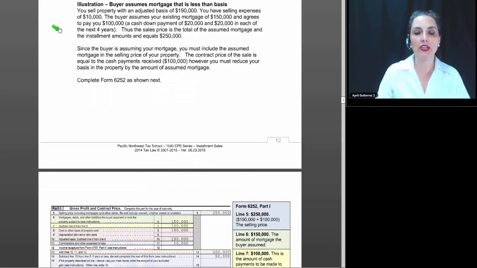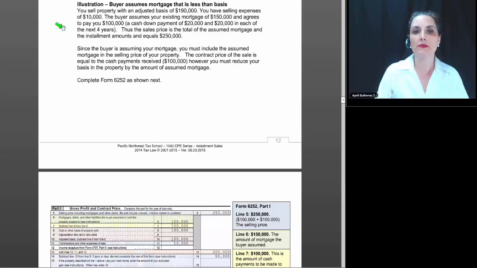And here we have an illustration where we're going to figure it all out. You sell property with an adjusted basis of $190,000. You have selling expenses of $10,000. The buyer assumes your existing mortgage of $150,000 and agrees to pay you $100,000 of cash, including a cash down payment and $20,000 in each of the next 4 years.